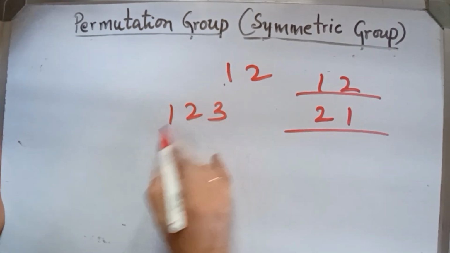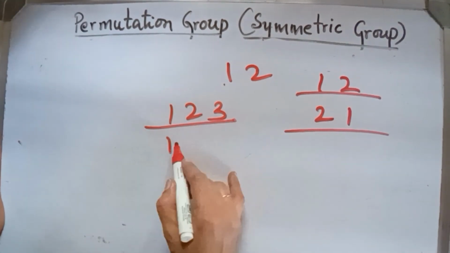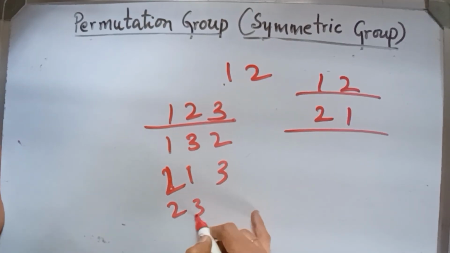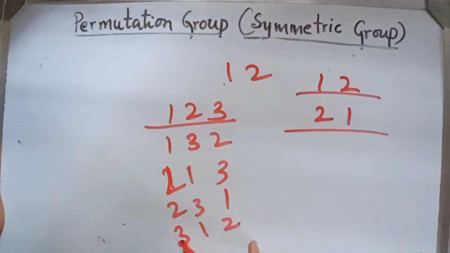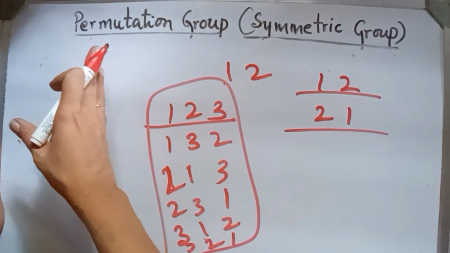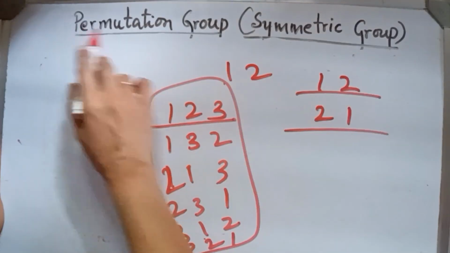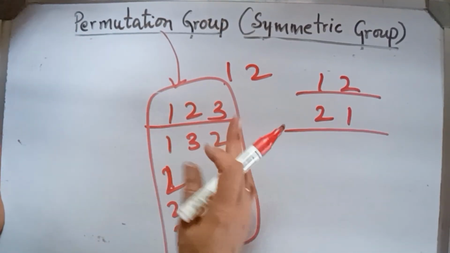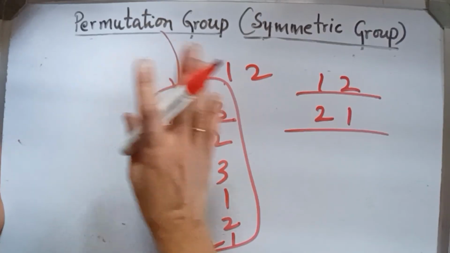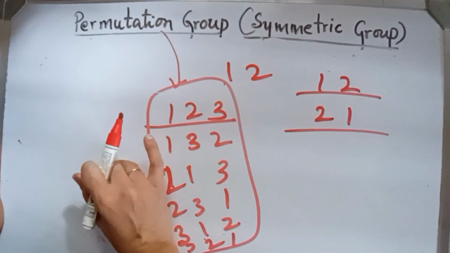With the three symbols 1 2 3: 1 2 3, 1 3 2, 2 1 3, 2 3 1, 3 1 2, 3 2 1. So these are nothing but the symmetric group elements we have seen just now. That's why it is also called permutations on n symbols, or bijections from S to S. It gives you all bijections from S to S.